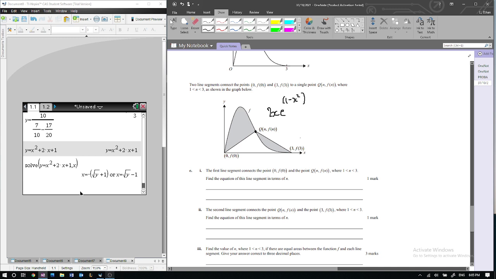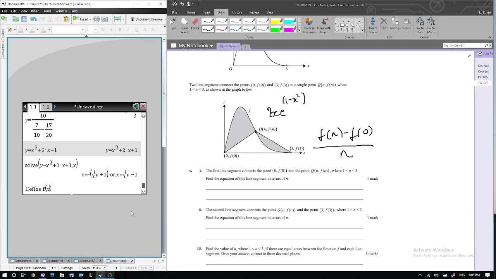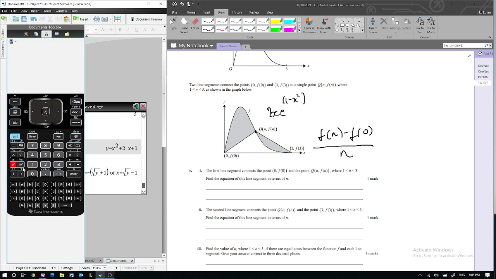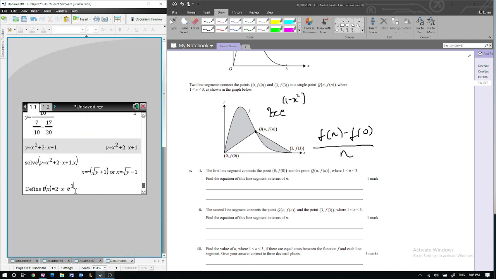I think this is starting off pretty simple. First of all, we need the gradient. That's just f(n) minus f(0) over n. If you just do that on the calculator, we define everything. f(x) is equal to 2 times x times e to the 1 minus x squared.